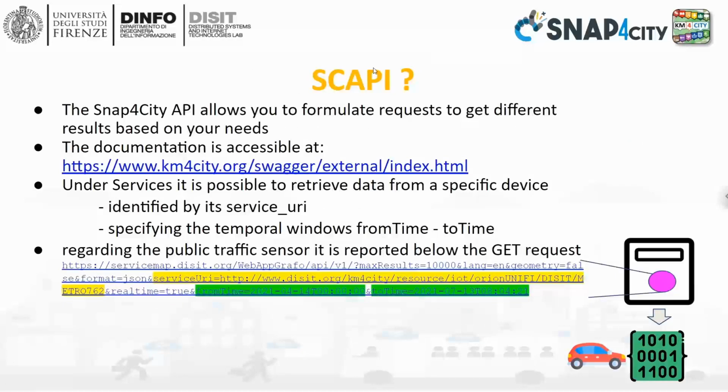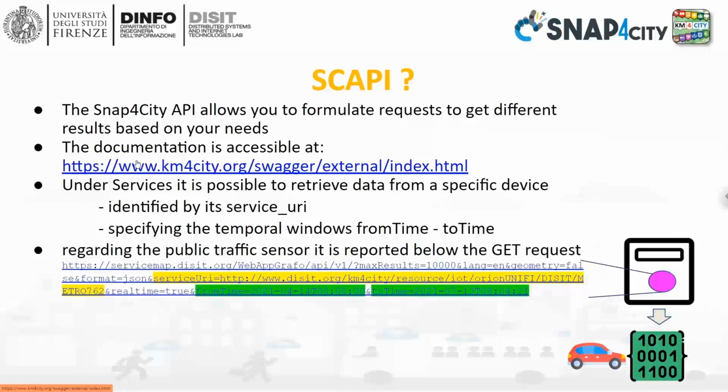So, but what are the SCAPI? The SCAPI are the Snap4City API that are the tools that you can use to get different data, different information that are stored in the platform. We have the documentation available at this link that is pretty intuitive.